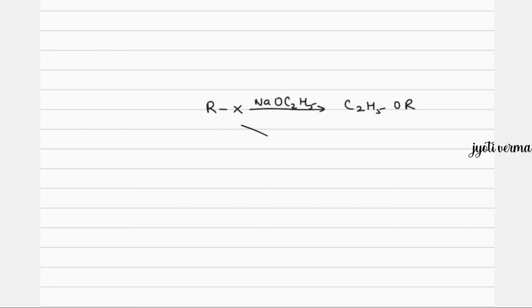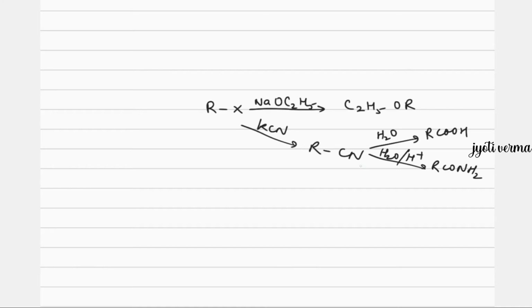Then the other reaction, KCN, gives RCN, which upon complete hydrolysis gives RCOOH. On partial hydrolysis it will give amide. Then on reduction it will give primary amine.